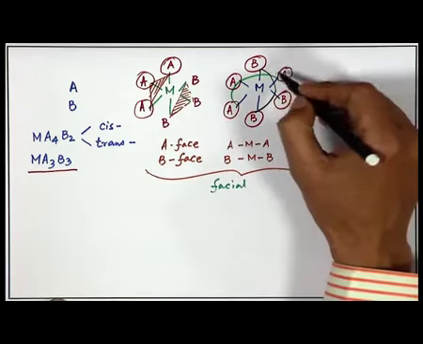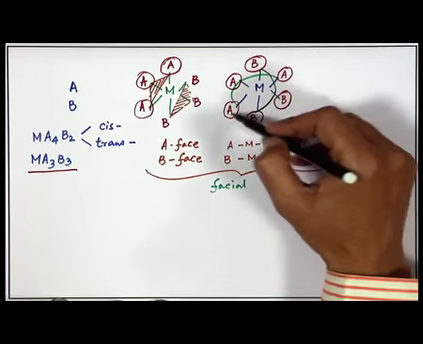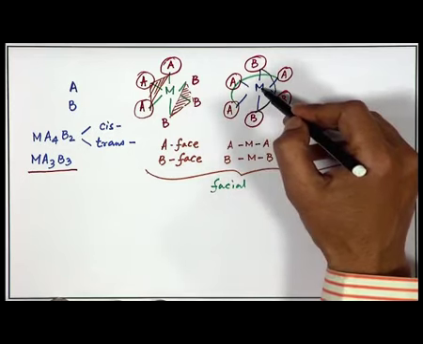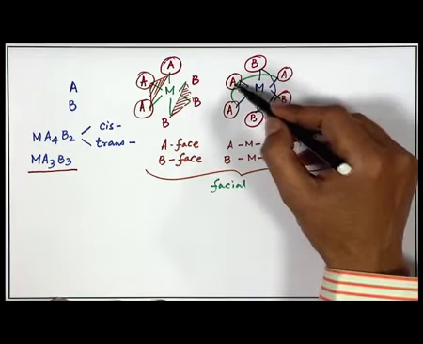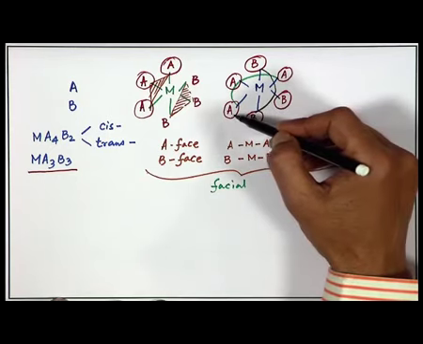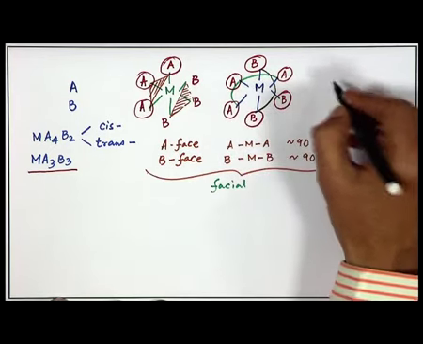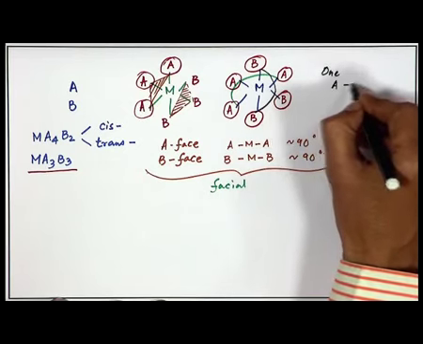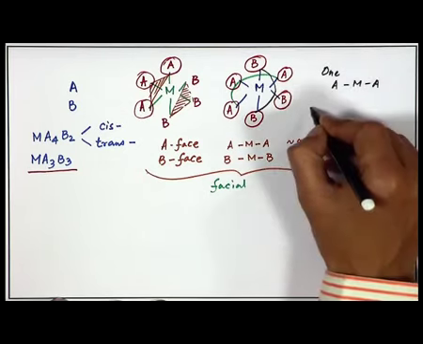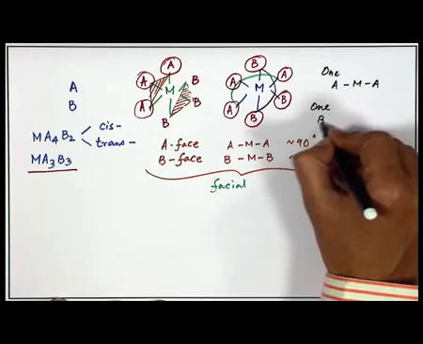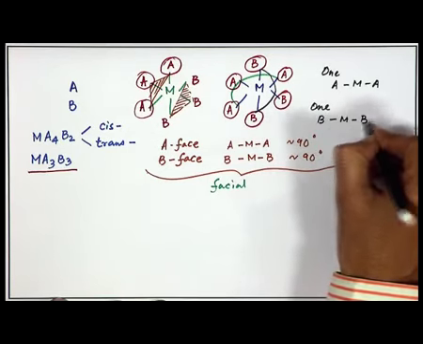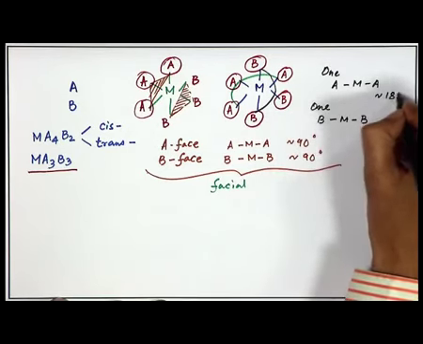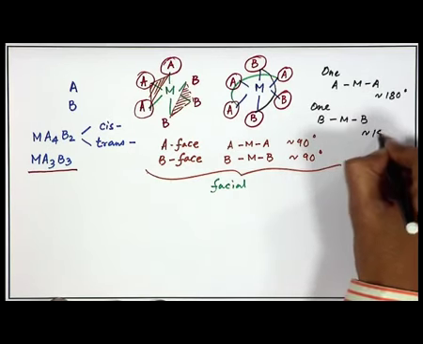So, obviously, two of the AMA angles are 90 degree, but one AMA angle and again one BMB angle are close to 180 degree.